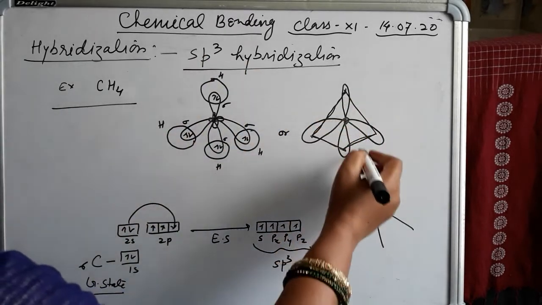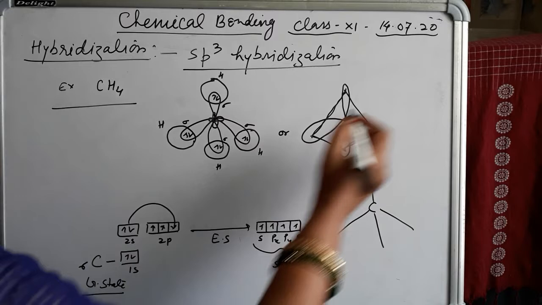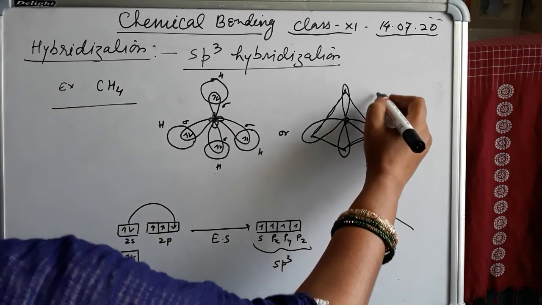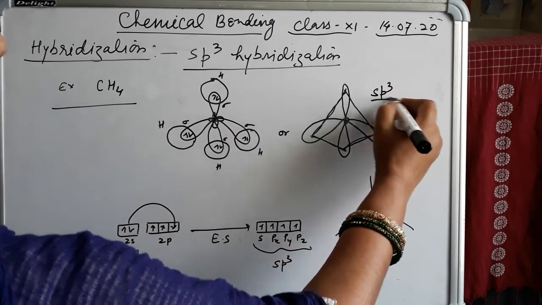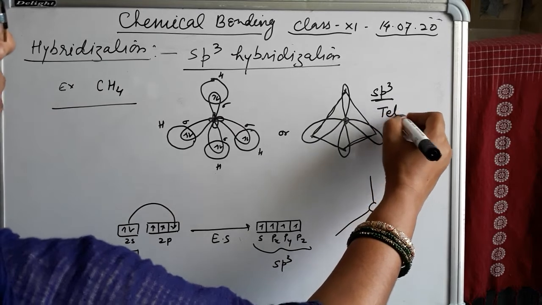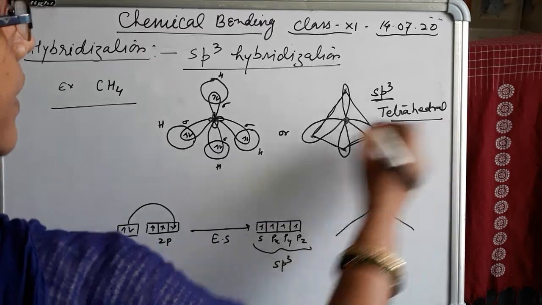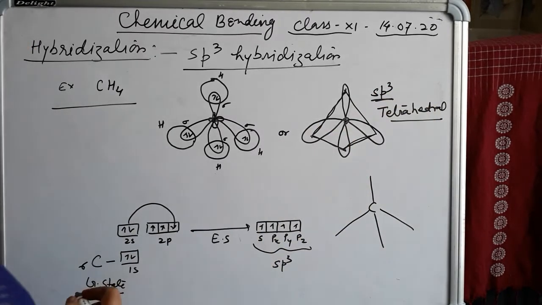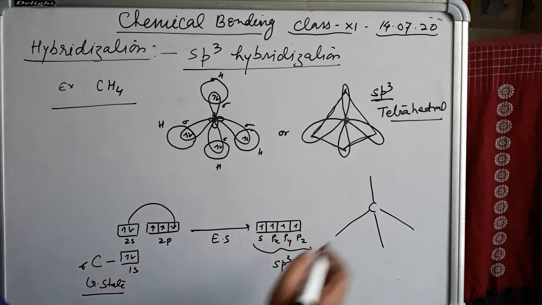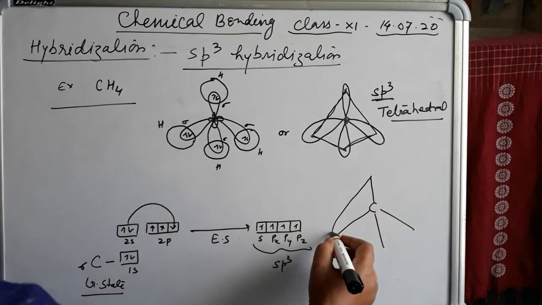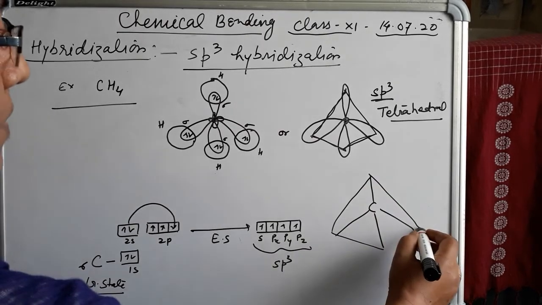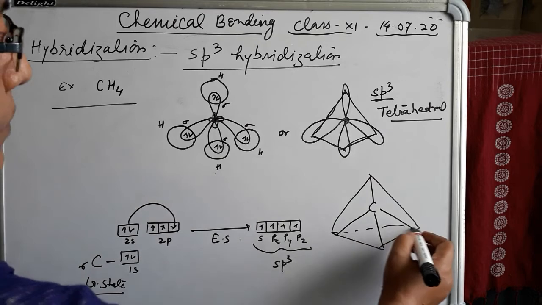So they form a tetrahedral structure. The structure of an sp3 hybridized compound is always tetrahedral. So 4 orbitals means tetrahedral structure.